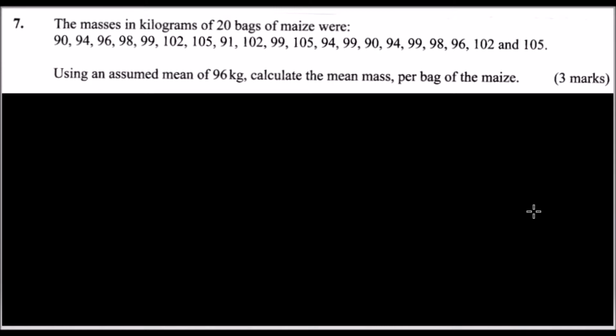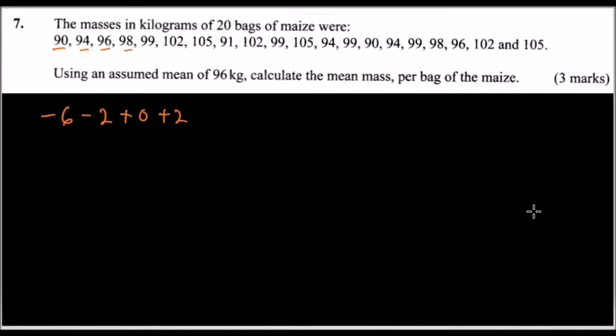So I'll just take the values. 90 minus 96 gives me minus 6. Then 94 minus 96 is minus 2. Then 96 minus 96, we get 0. Then 98 minus 96, we get plus 2.